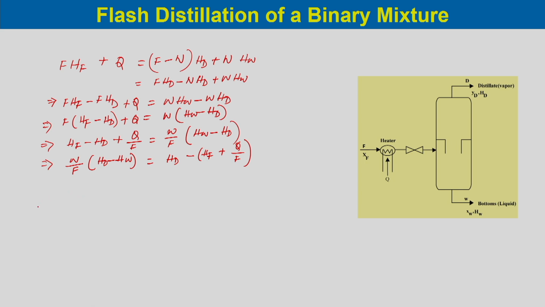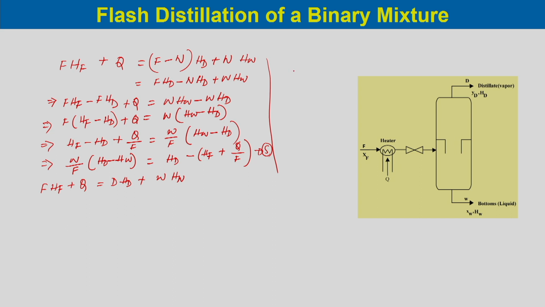Now, if we write the same equation again, F HF plus Q would be equal to D HD plus W HW. So, say this is equation 5.